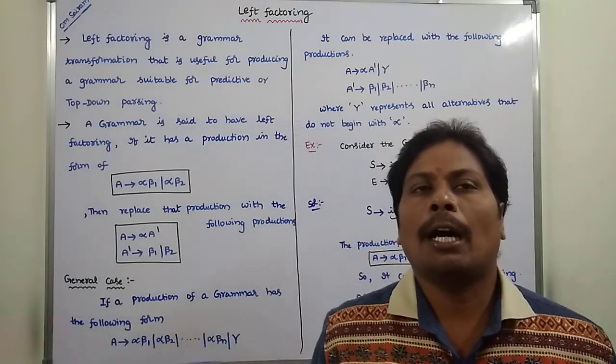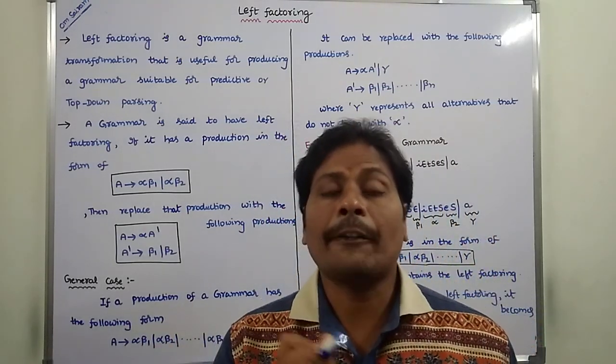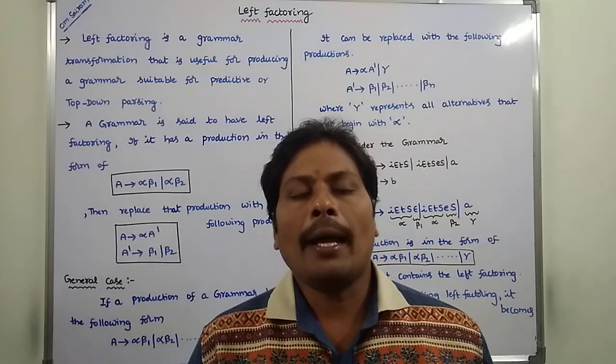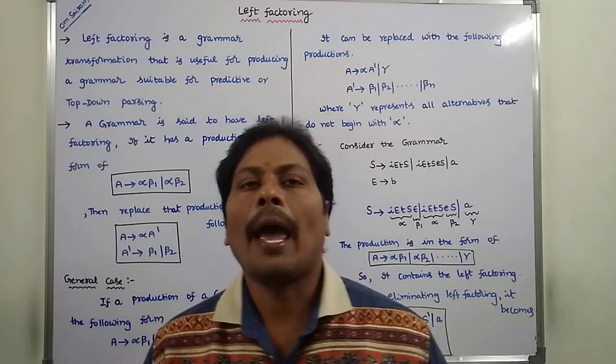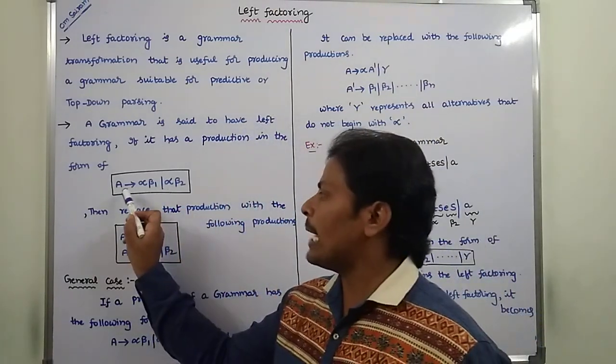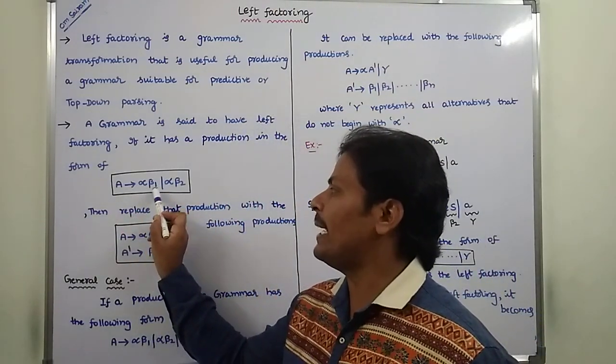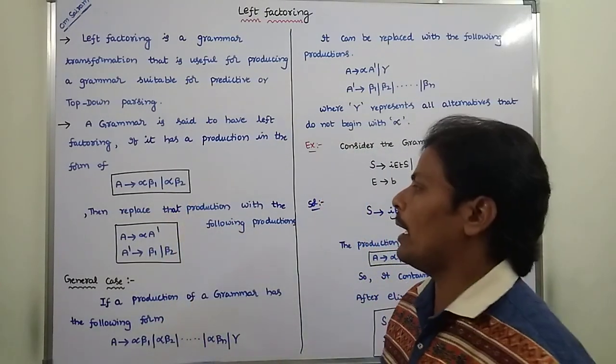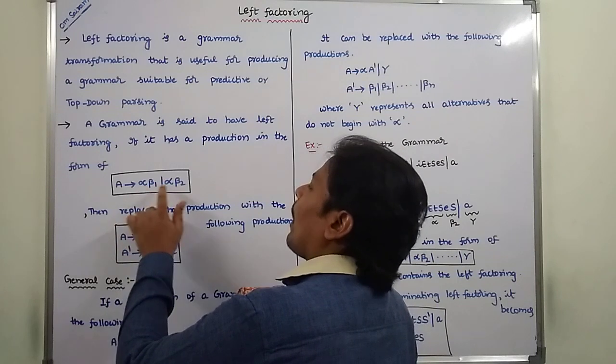First of all, what is left factoring? Suppose a grammar has a production of the form A tends to alpha beta 1 or alpha beta 2. Here alpha is common.